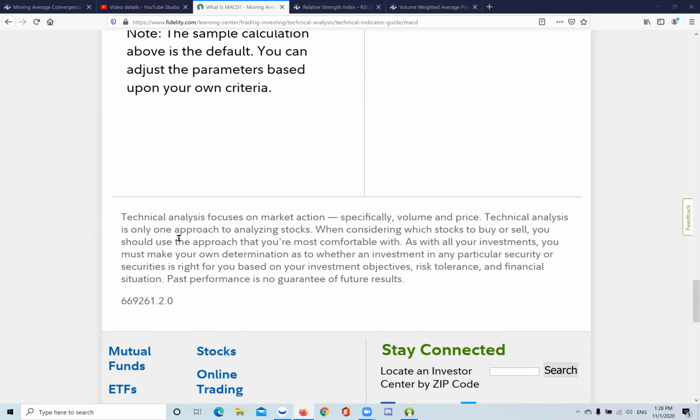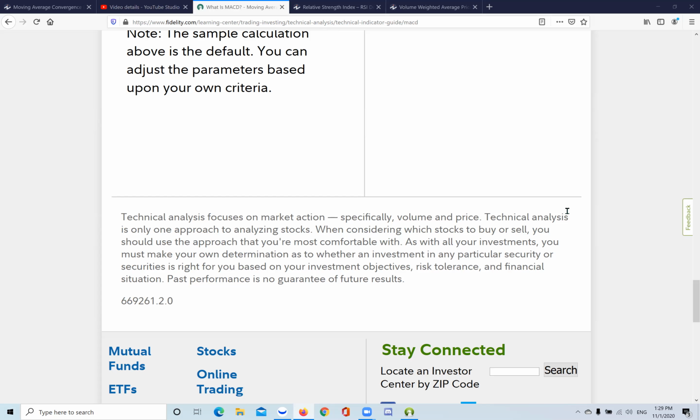Technical analysis focuses on market action, especially volume and price. Technical analysis is only one approach to analyzing stocks. When considering which stocks to buy or sell, you should use the approach that you are most comfortable with.